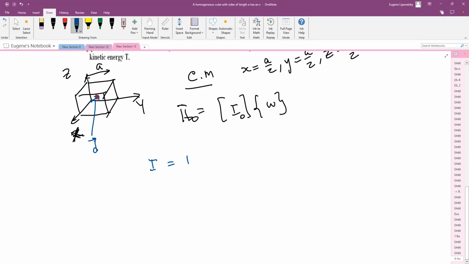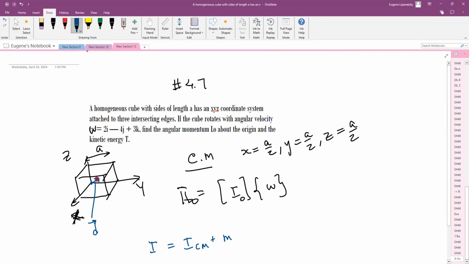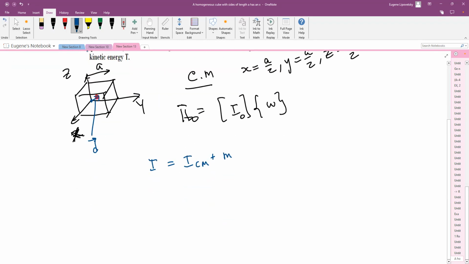I will be I center of mass plus the mass times distance squared. The mass of the cube is not given, so let's assume the mass is M, plus mass times the D squared.